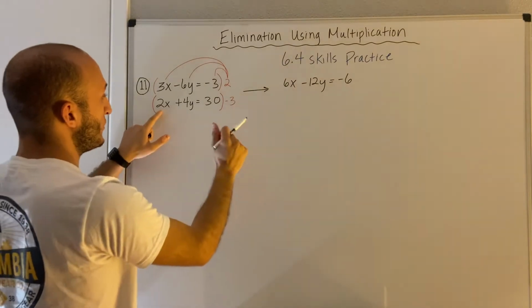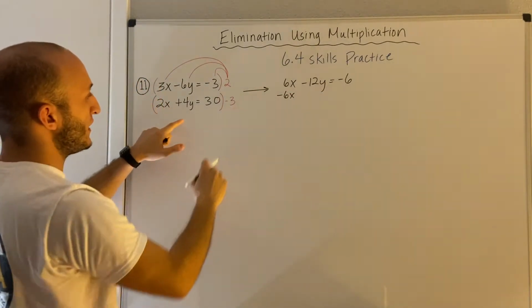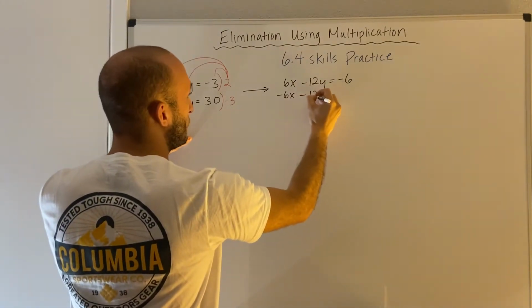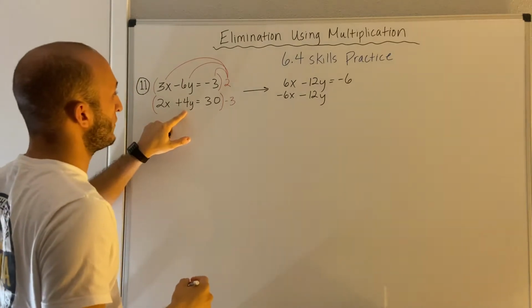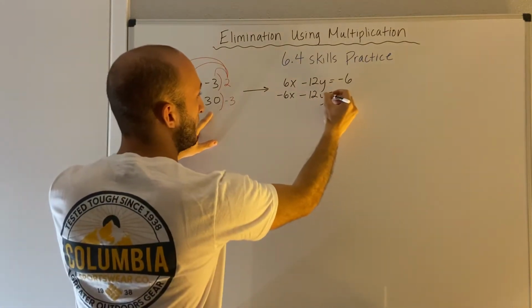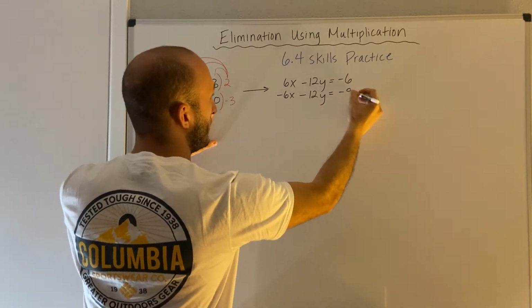Negative 3 times a 2x is a negative 6x. Negative 3 times a positive 4y is a negative 12y. Okay, and then negative 3 times 30 equals negative 90.